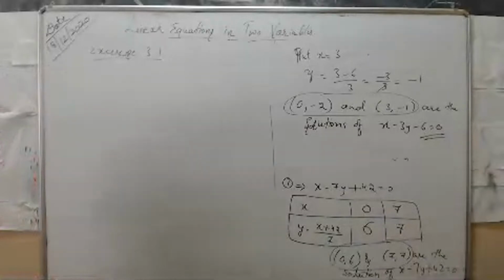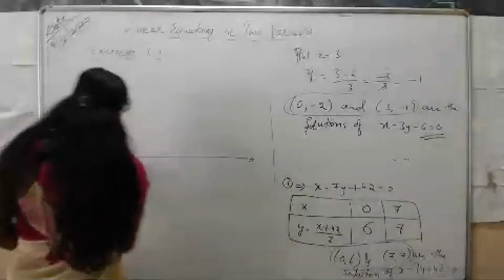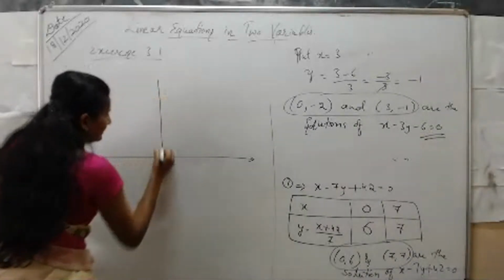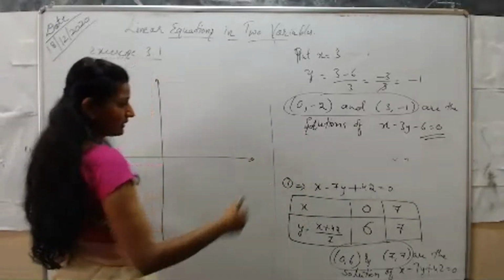Shall I plot the graph? Negative values are there, so take the negative y-axis also. It is a bit big. This is the graph. Values 0, 3, 7. Up to 7 it is.